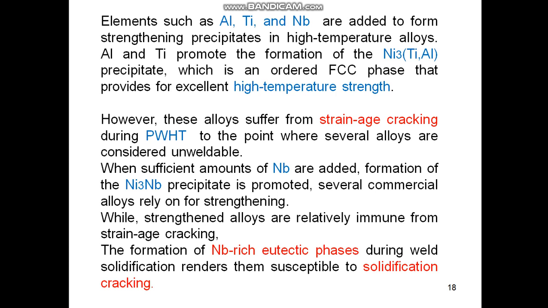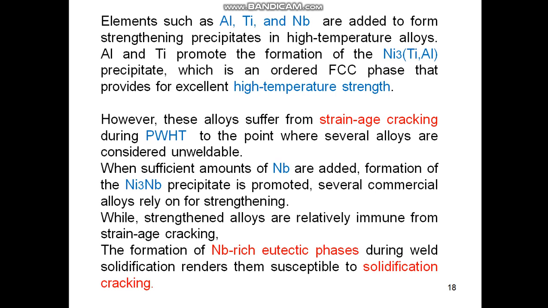And if niobium is added, the formation of Ni3Nb precipitates is also promoted, which is also one of the strengthening mechanisms. But these niobium strengthened alloys are relatively immune from strain age cracking, but the niobium rich eutectic phases during weld solidification give rise to solidification cracking issues.